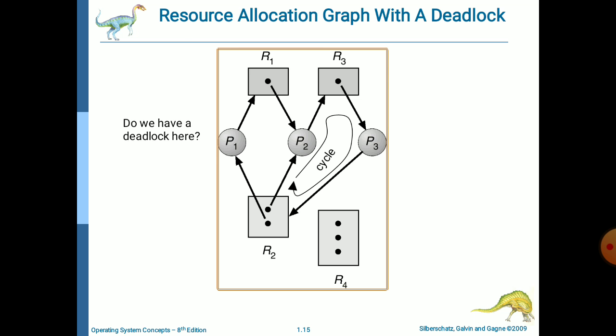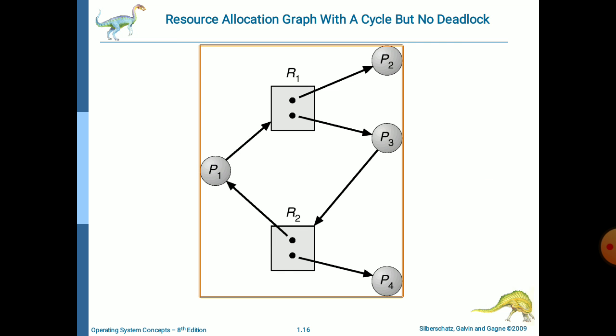And there is a condition for that. If you observe the same kind of diagram here, there is also a cycle, but there will not be any deadlock. Now observe: P1 is holding an R2 instance and requesting R1. P2 is holding R1. P3 is holding R1 and requesting R2, and P4 is holding R2.